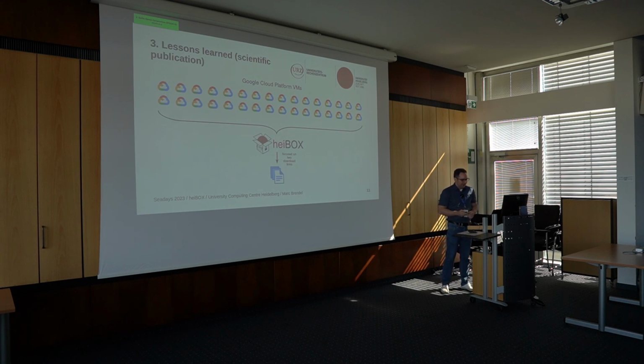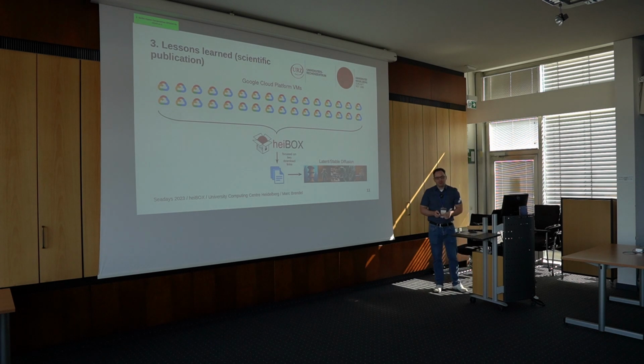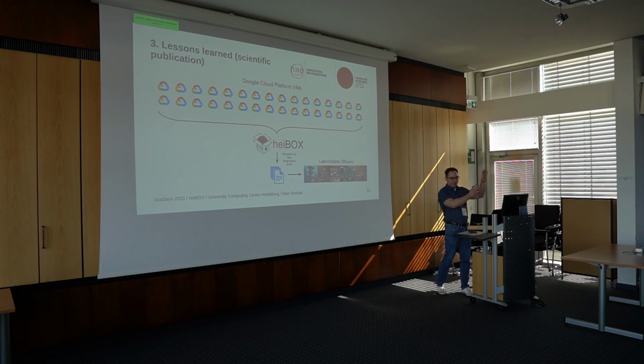And in the end, it turns out there was a scientific publication for, back then it was still called latent diffusion when the paper was published. Now you might know it as Stable Diffusion. That was way before the hype for ChatGPT, Midjourney, and co. But Stable Diffusion is another AI tool to generate images from text.